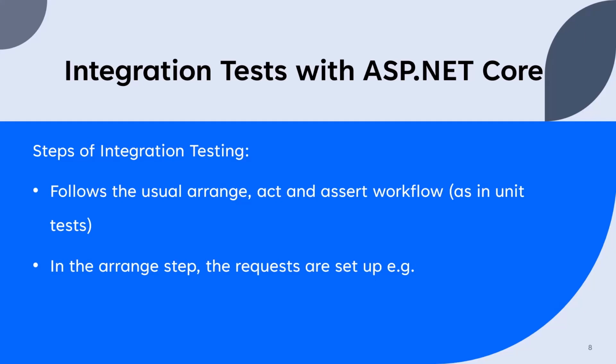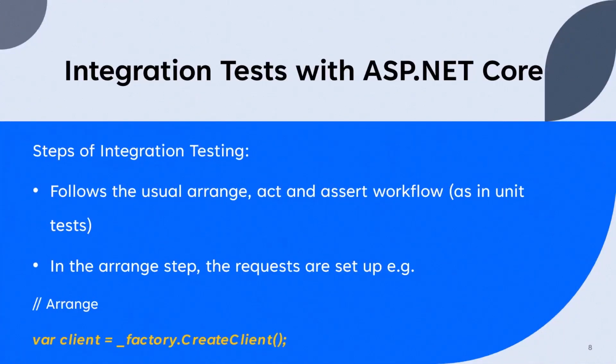In the arrange step, the requests are set up. We'll see the code snippets for each of these three steps. So var client equals _factory.CreateClient, as you can see over here.